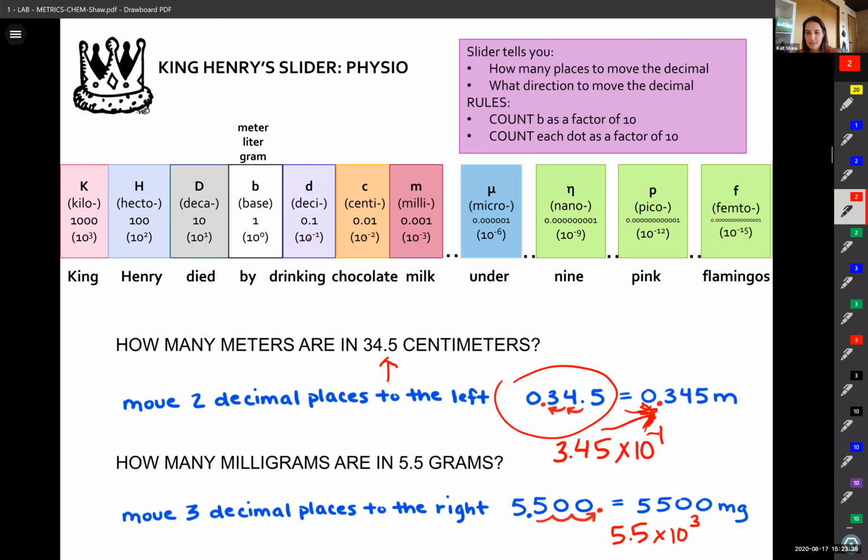Let's just check to make sure we're correct with that. It is correct, but let's check. We have this 5.5, and we ask, how do we move the decimal point to get back to that original 5,500? We would have to move that decimal point 3 spaces to the right, in that direction, to get back to our original number after conversion of 5,500.